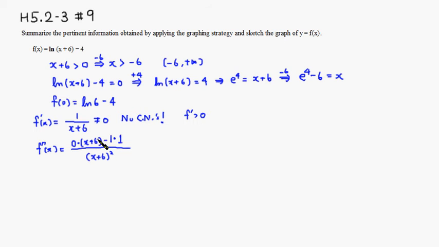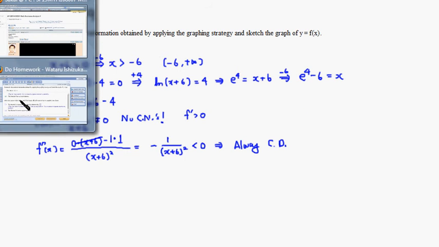So what you get is negative 1 over quantity x plus 6 squared. This is always negative, because the denominator is always positive. So it's always concave down.